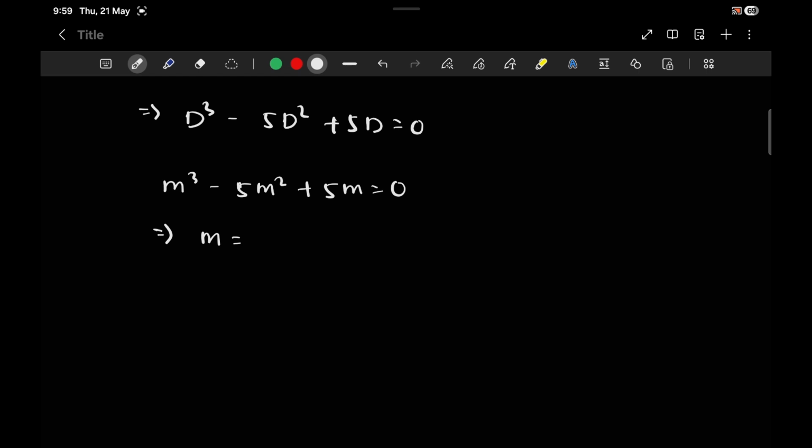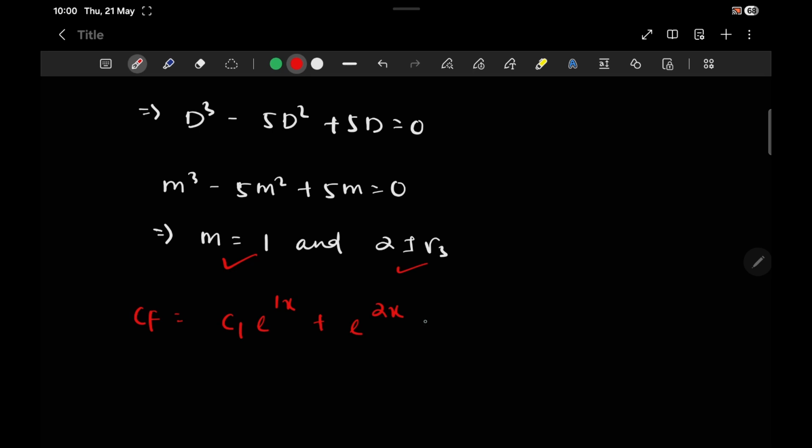1 and 2 plus or minus root 3. So this is a real root and this is a complex root. So we have to mix our complementary function theory to get the final complementary function. The final complementary function will be c1 e to the power 1x plus e to the power 2x into (c2 cosh root 3x plus c3 sinh root 3x).